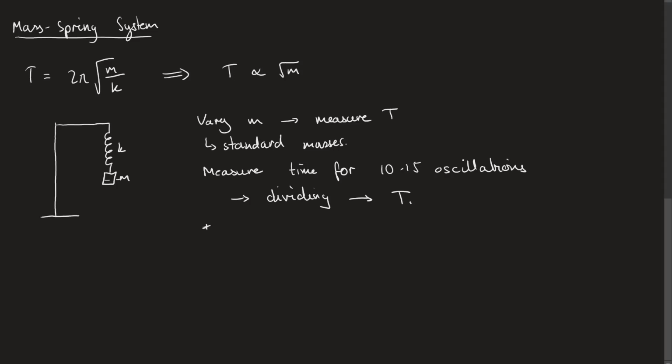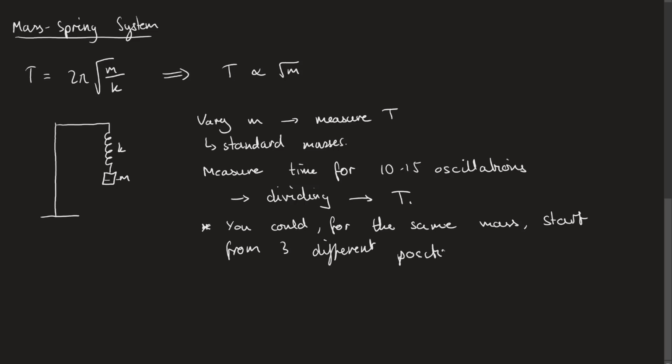Once again, you can do this. So you could, for the same mass, start from 3 different positions, and this would again allow you to prove that it is independent on your starting position.